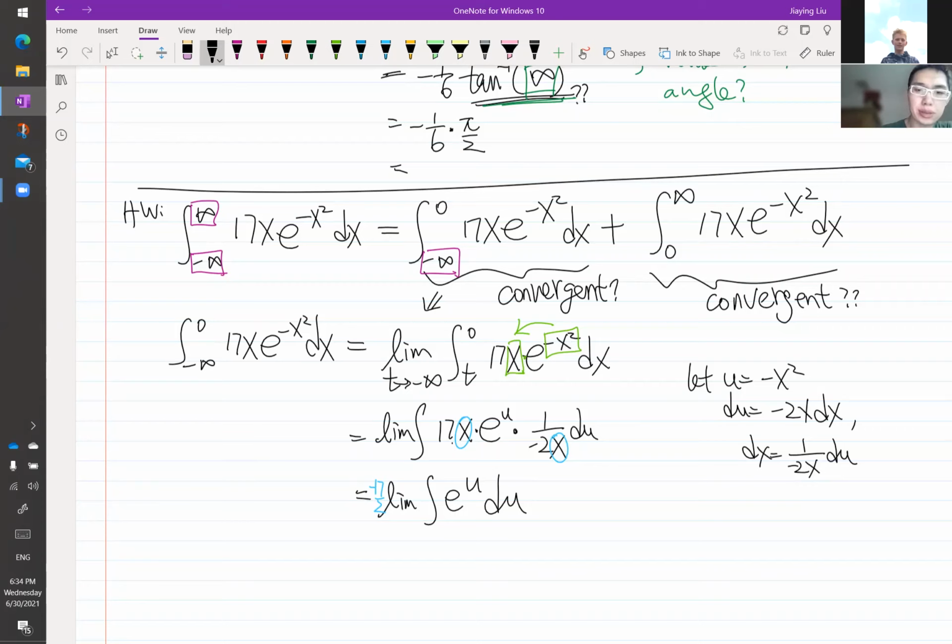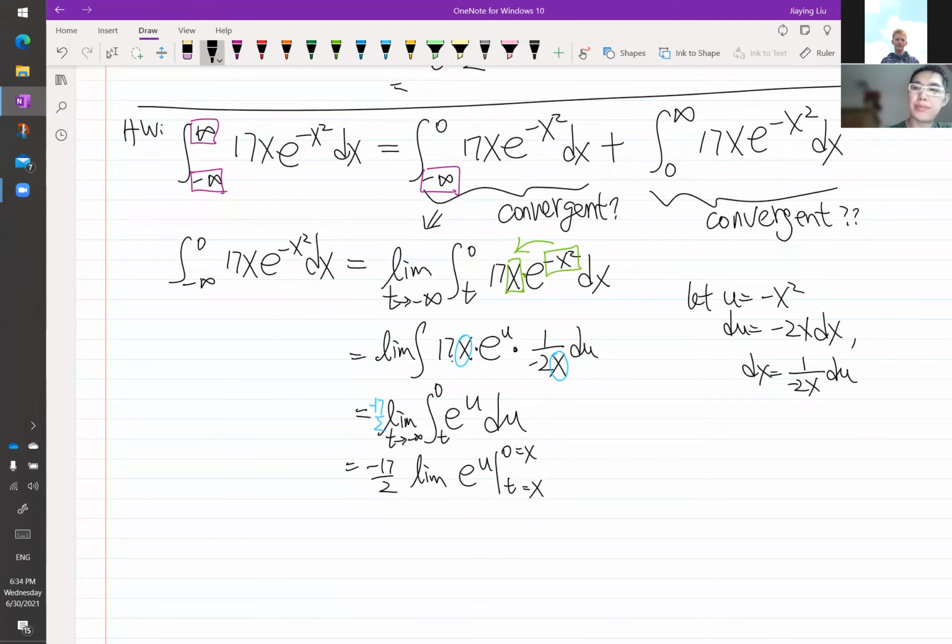So remember that this integral we have from t to 0, and then the limit is going from t to negative infinity, right? So that's a negative 17 over 2 limit. And we're integrating e to the u du, that's e to the u, but evaluated from t to 0. But keep in mind that those are x values, those are not u values, so we cannot plug in directly, just like the previous example.